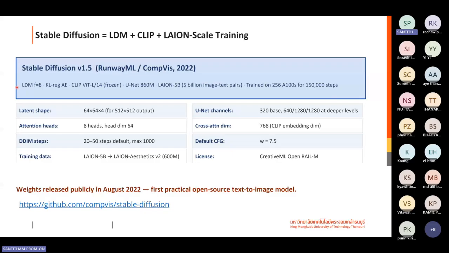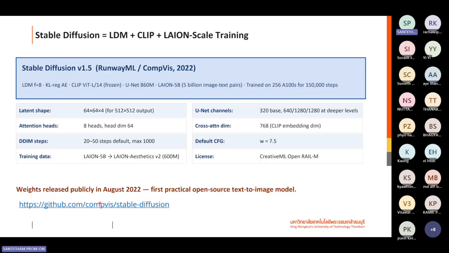The latent shape is 64 by 64 by 4, for 512 by 512 images, with 8 attention heads, dimension of 64, and DDIM with 50 steps. This is the training dataset, the one used to train the model and to fine-tune further. Then there are the UNet channels, the cross-attention dimension, the CFG value w, and the licenses used.